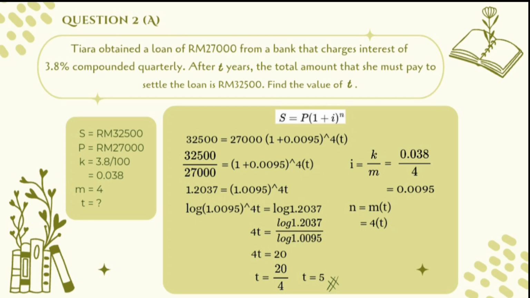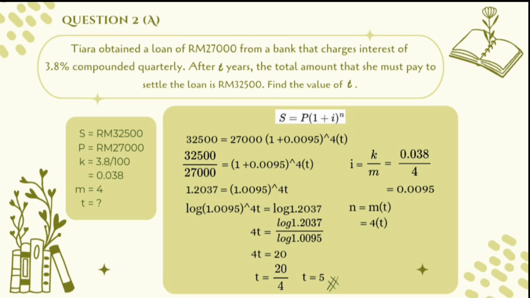P is RM27,000, S is RM32,500, K is 3.8%, but we need to convert to decimal. So 3.8 divided by 100 equals 0.038. M is 4, meanwhile the T value is not given.